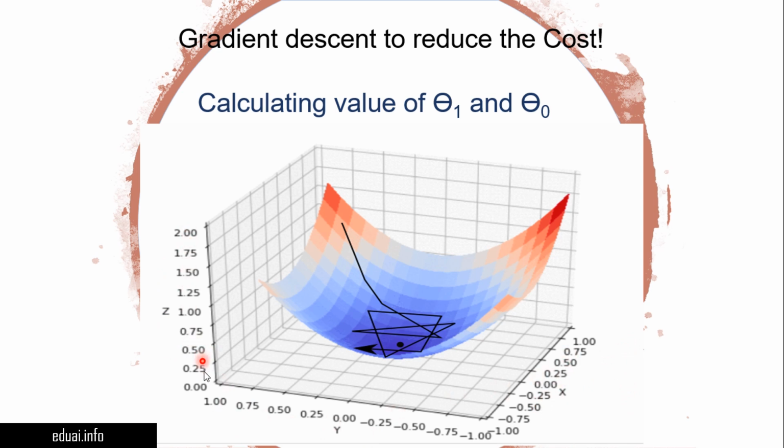On one axis we have cost, and on the other axes we have theta 0 and theta 1. Initially the error will be maximum, and slowly it will reduce the cost and come down. Ultimately we'll reach the point where we get the minimum cost, the bottom of this bowl. And this is how gradient descent chooses the value of theta 0 and theta 1.